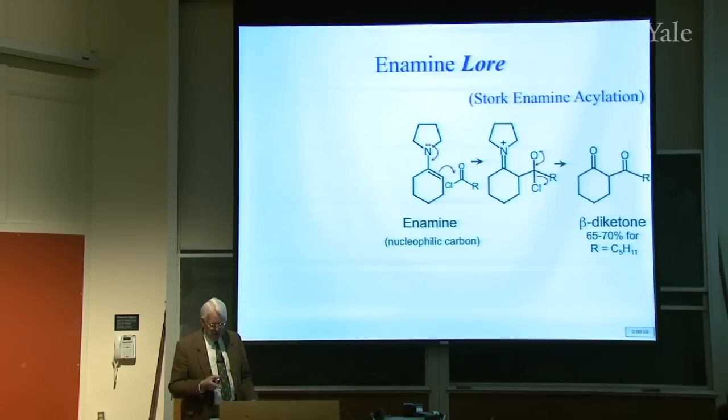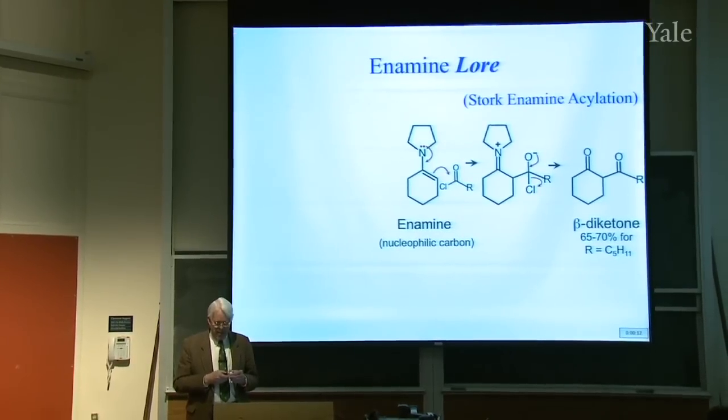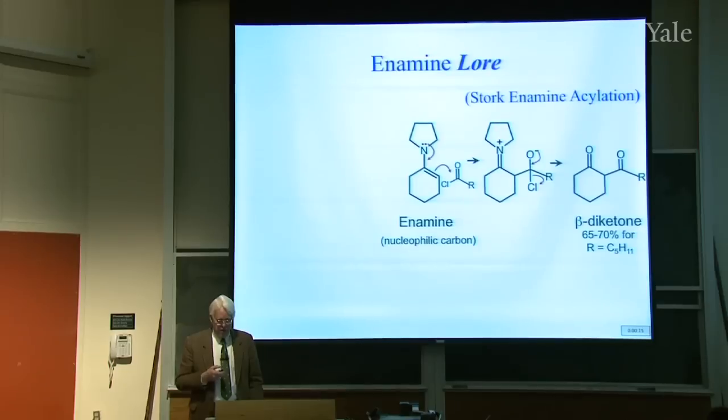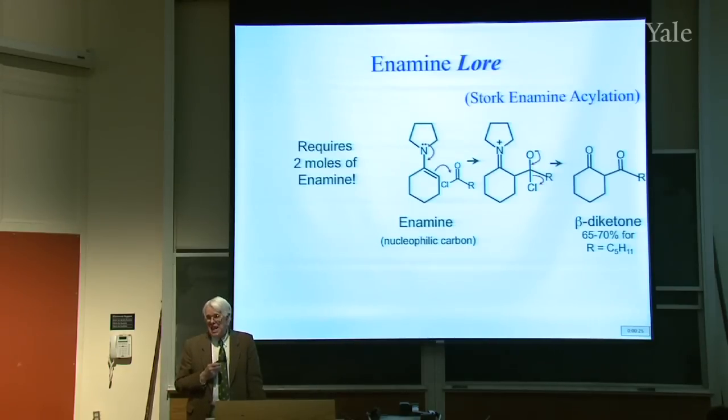So here, we showed this 70% yield of the Stork acylation, right? But in fact, what Ziegler pointed out to me is that to do this, you need two equivalents of the enamine, not just one. Now, why do you need two equivalents rather than just 1 mole per mole of the acyl halide?